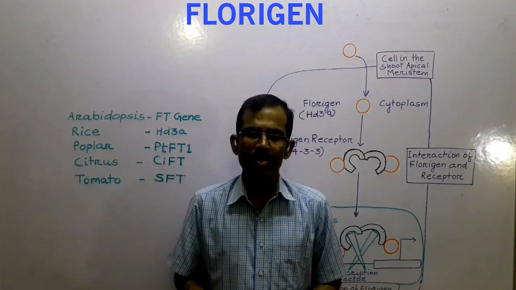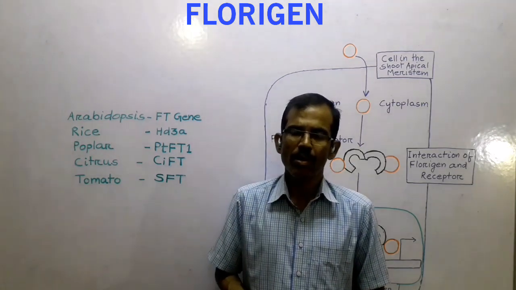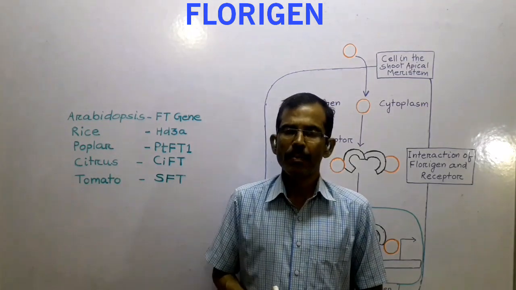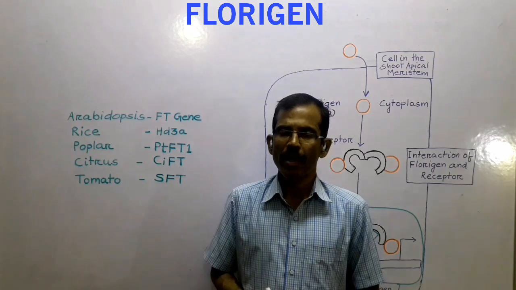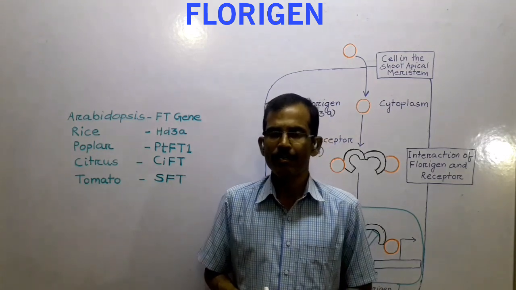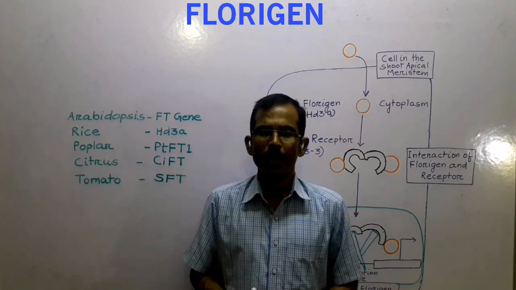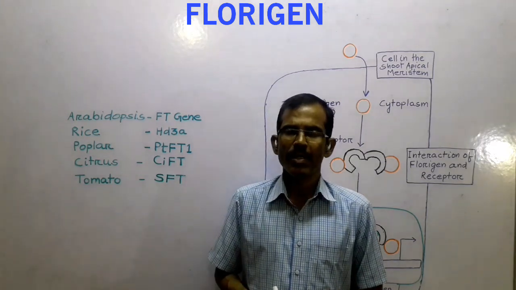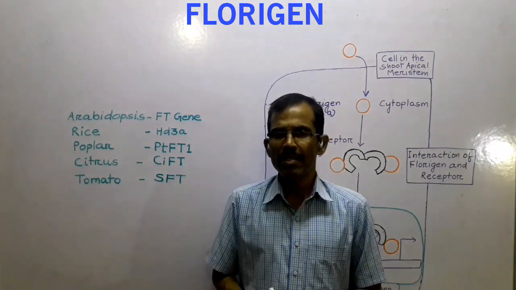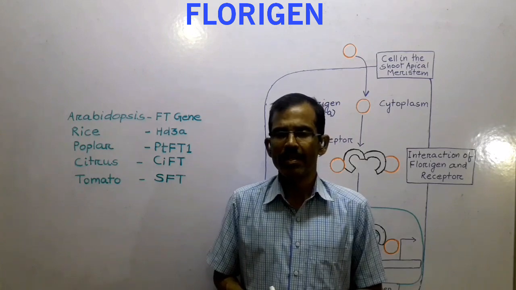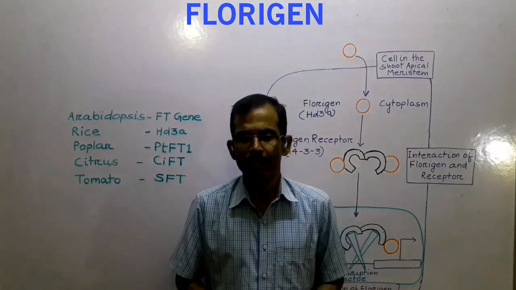To know the physical and chemical nature of Florigen, a number of known chemical compounds such as DNA, gibberellic acid, cyclic AMP and prostaglandin have been tested on vegetative plants to understand their florigenic activity.